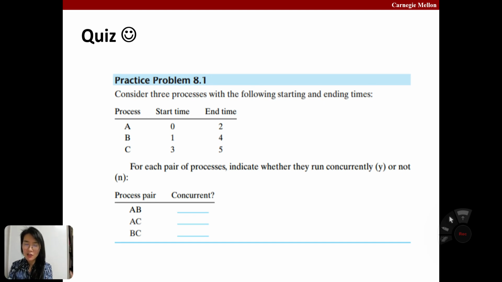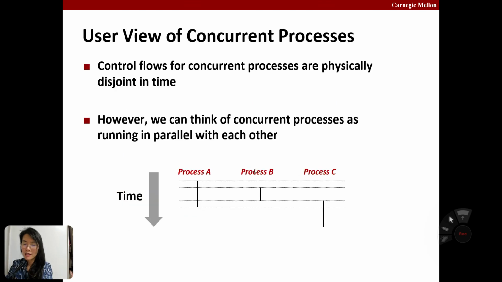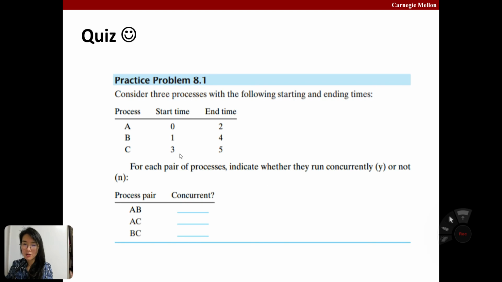You can draw a figure similar to this in your notes based on this time schedule, and then put your answer in the blank. For each pair of processes, indicate whether they run concurrently (Y) or not (N).